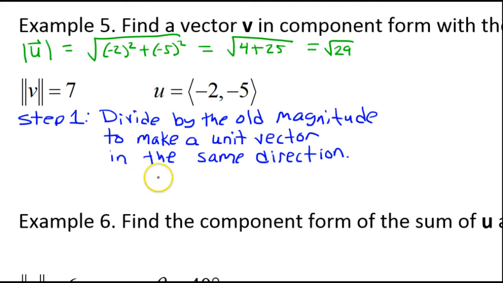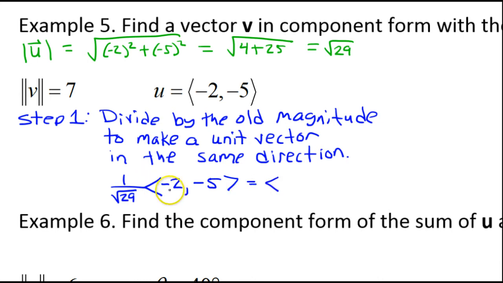So we're going to take the original vector, -2, -5, and the way we can divide by radical 29 is to multiply by 1 over radical 29. Once we've done this, we will have ourselves a unit vector in the same direction.